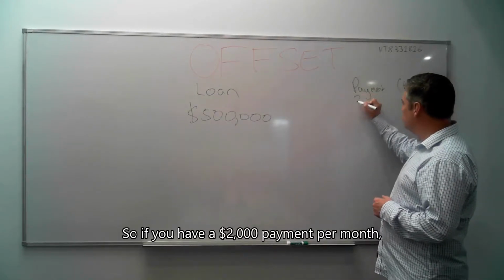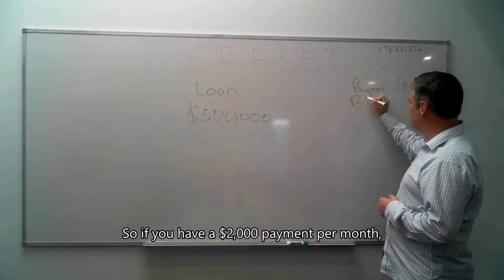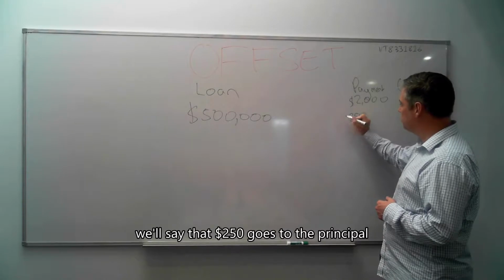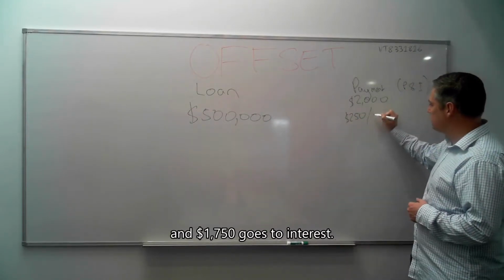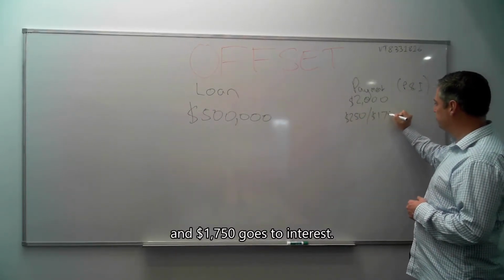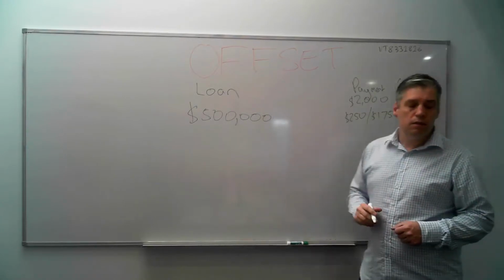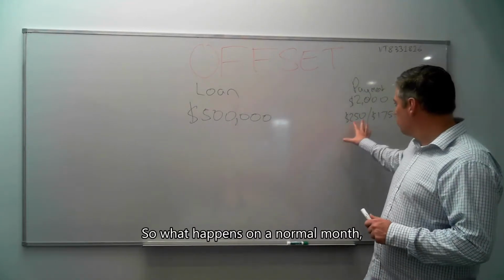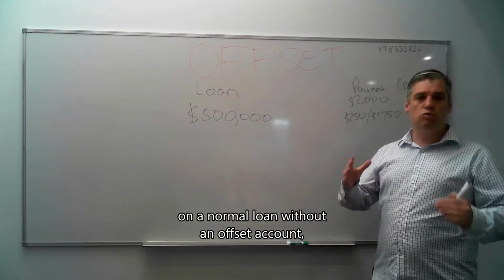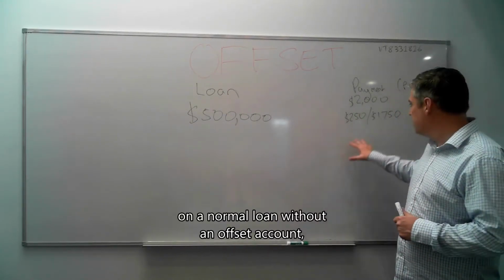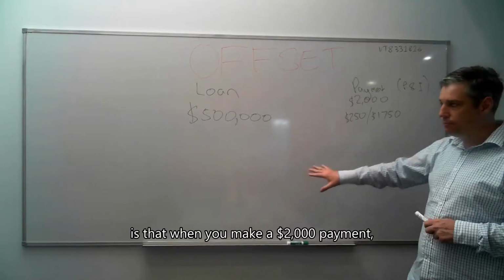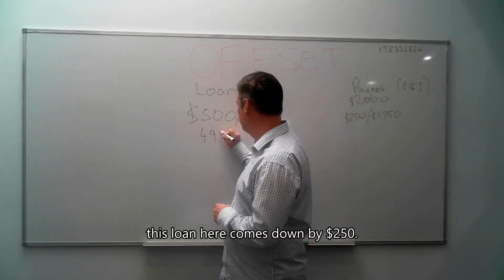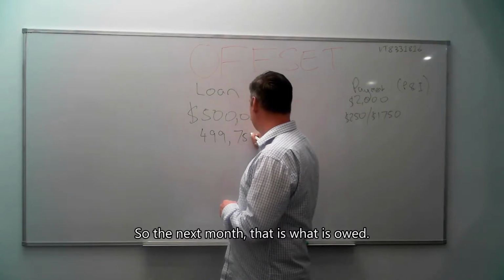So if you have a $2,000 payment per month, we'll say that $250 goes to the principal and $1,750 goes to interest. So what happens on a normal month on a normal loan without an offset account is that when you make your $2,000 payment, this loan here comes down by $250. So the next month, that is what is owed.